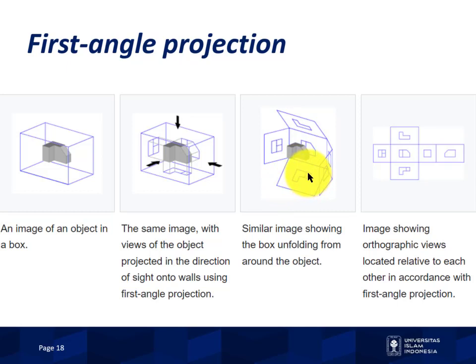If we look from the front, we see the object like this. If we stand at the side, we see the object like this and this. So the cube, we unfold the cube to be like this. Image showing orthographic views located relative to each other in accordance with first angle projection.